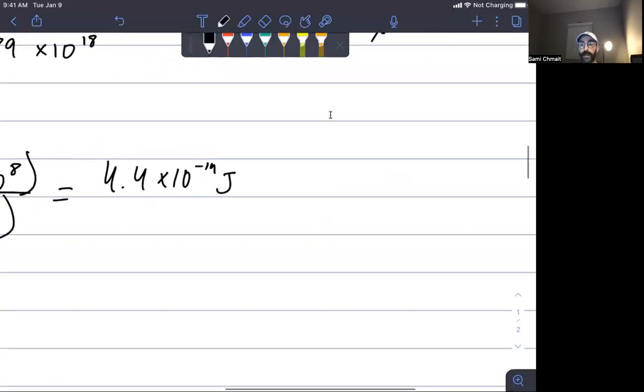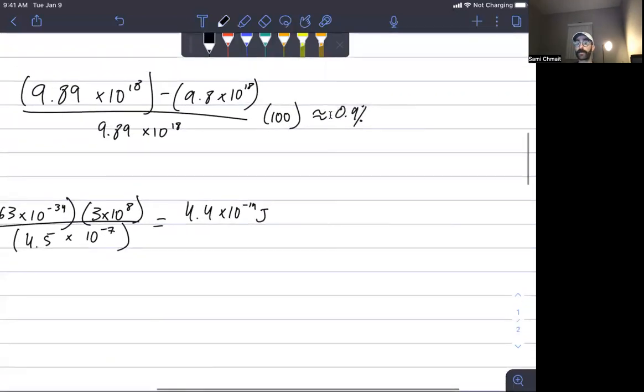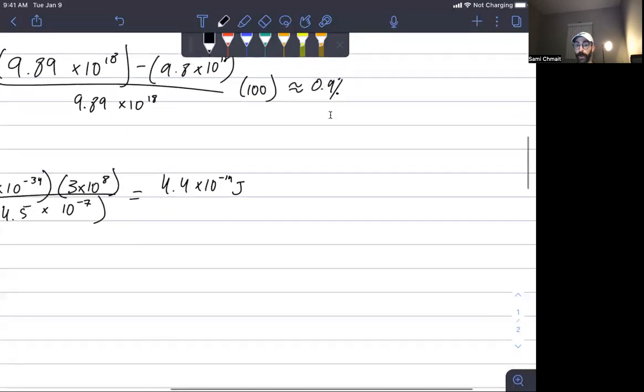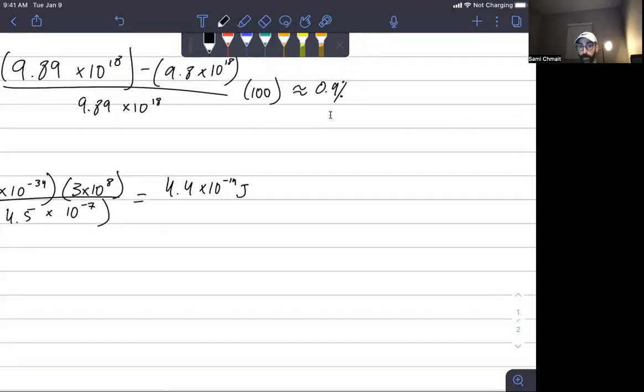But oftentimes they ask that we report these values, like the energy of a photon, of an electron, or what have you, in eV. So we need to do that conversion where 1 eV is equal to 1.6 times 10 to the minus 19 joules.